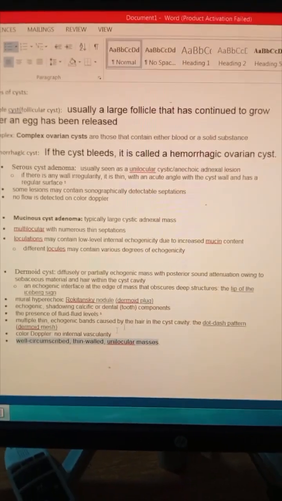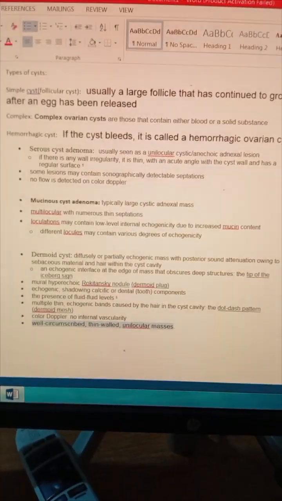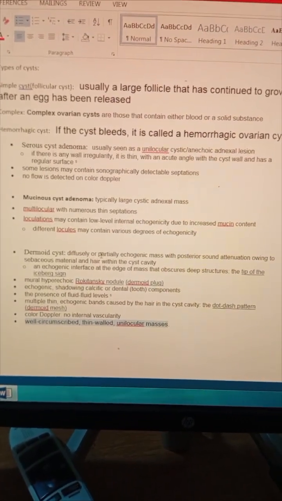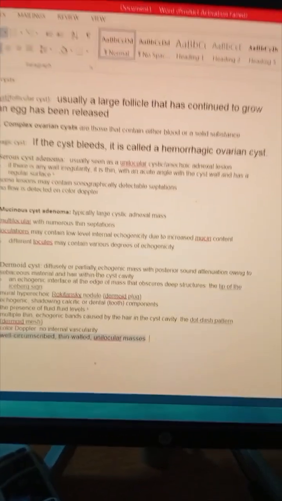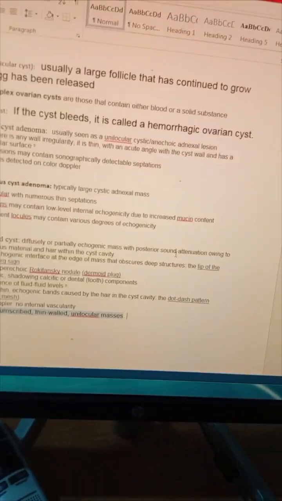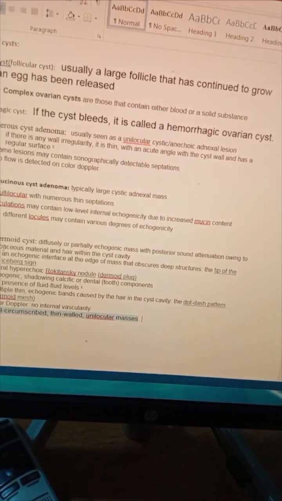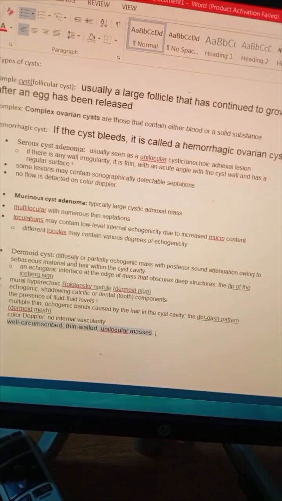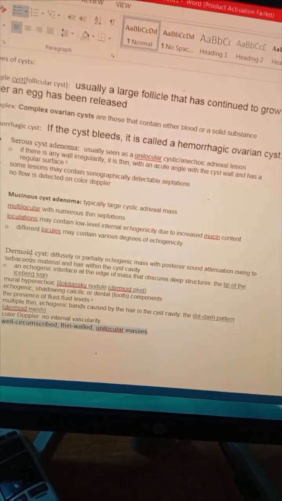Next is the dermoid cyst. What is a dermoid cyst? It is a diffusely, meaning completely or partially, echogenic mass with posterior enhancement, with sebaceous material and hair within the cyst cavity.